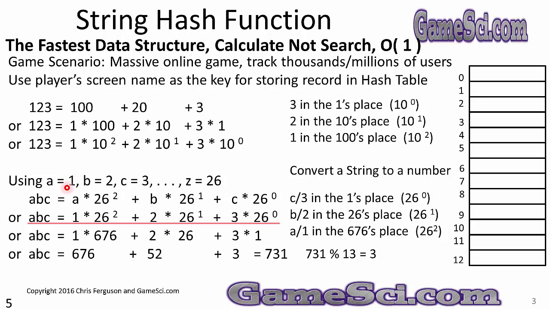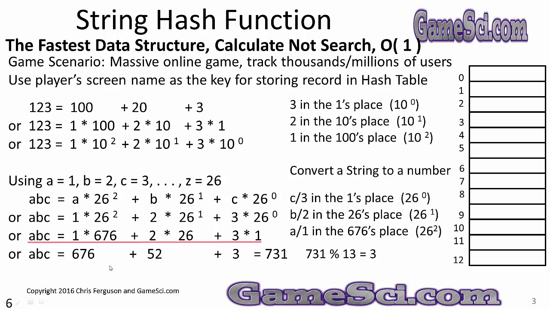If you convert A to 1, remember A equals 1, B equals 2, C equals 3, A is a 1 times 26 squared plus 2, which is B, times 26 to the first plus C, or 3 times 26 to the 0. All we're doing is breaking down letters exactly like we do it to numbers.